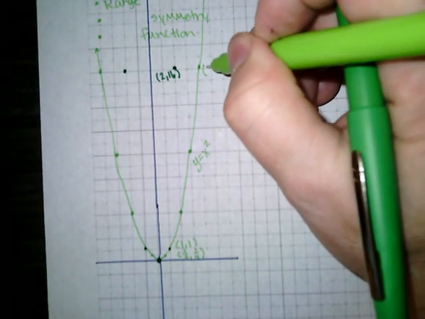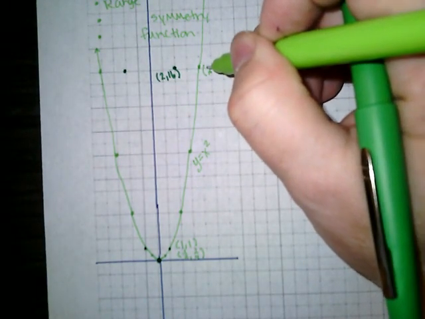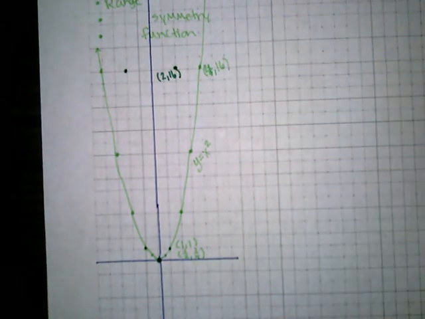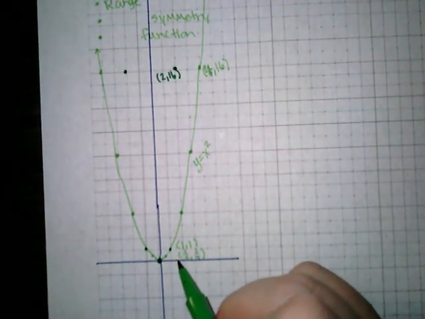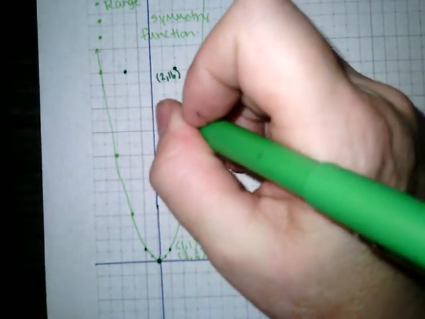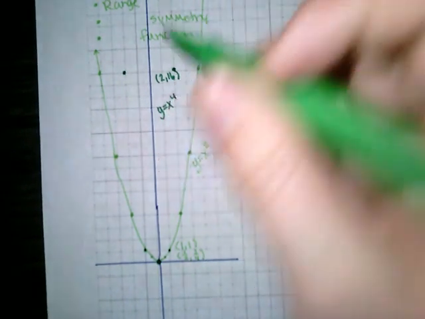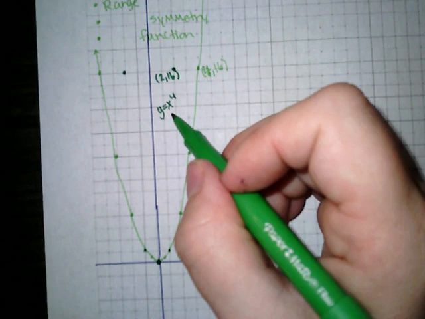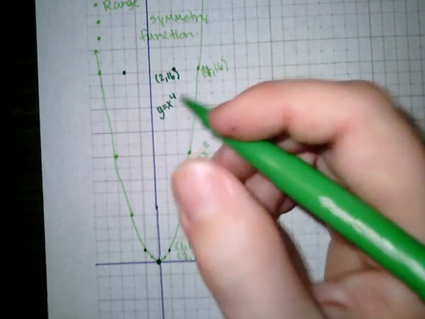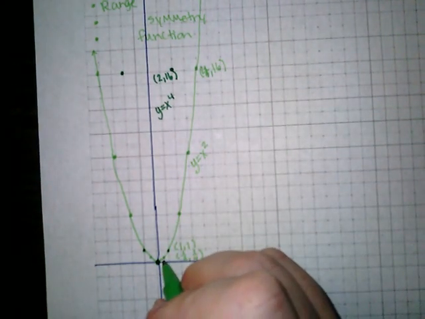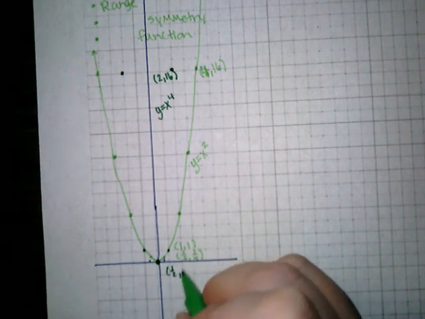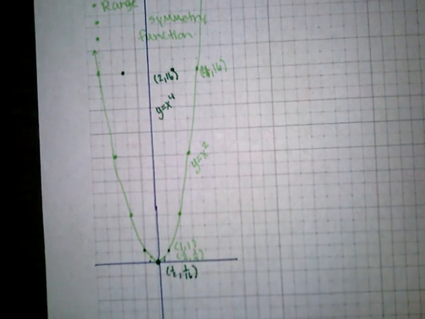On y equals x squared, 4, 16 was that ordered pair. What happens if I put in 1/2? So this guy's going to be y equals x to the 4th. If I put in 1/2, 1/2 times 1/2 is 1/4, times 1/2 is 1/8, times 1/2 is 1/16. So that's way down here. So 1/2, 1/16.